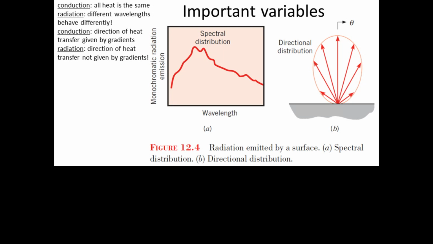But you have emission sideways too, right? And we're going to see how surfaces can be diffuse or specular. I'm going to mention that. But what matters is two things that we did not care about in conduction. One is what's the wavelength, and the other is what is the direction from the surface at which we're emitting.